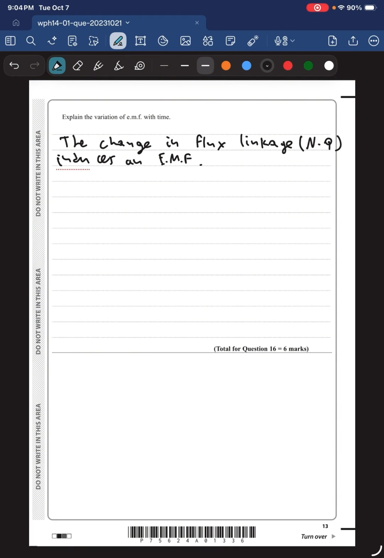The greater the change, the larger the EMF.